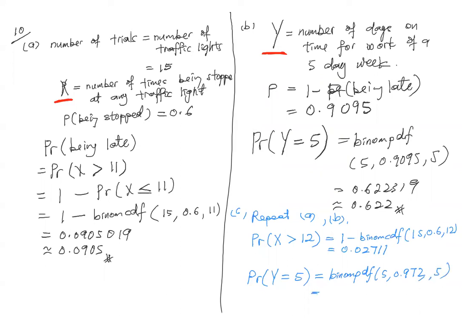So you go to binom PDF. Has she achieved? 0.9729, and 5. Paste. 0.872. So it's approximately 87.2%. So it's more than 80%.